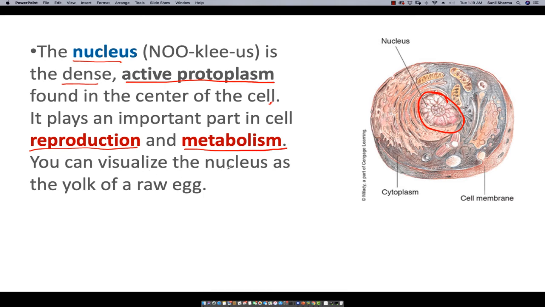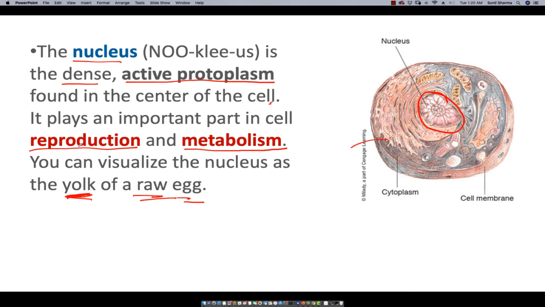You can visualize the nucleus as a yolk of raw eggs, and that's something we kind of already touched upon, that it's a clear liquid, colorless, and it's the yolk, the white or the colorless part of the raw egg, and that's what we call protoplasm.